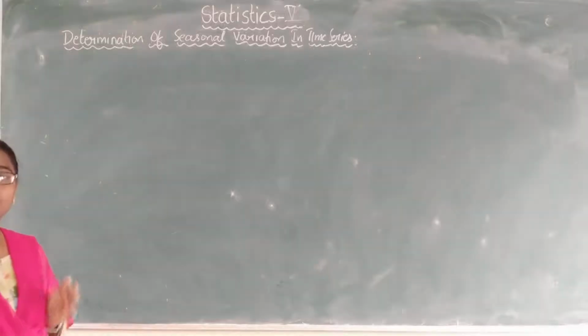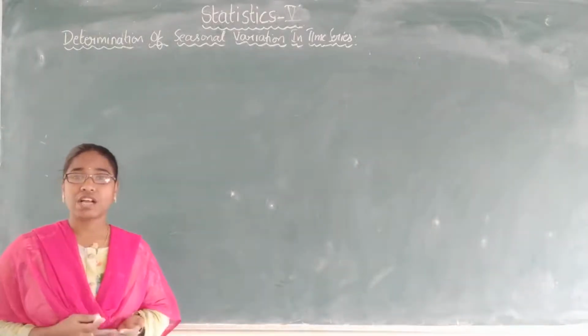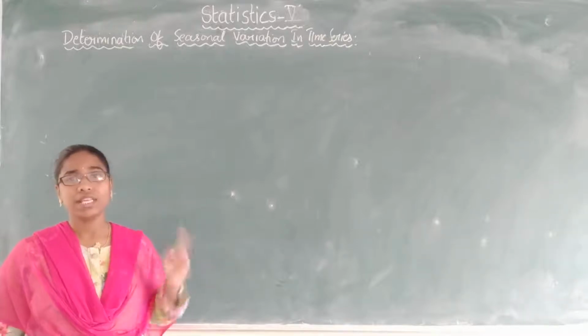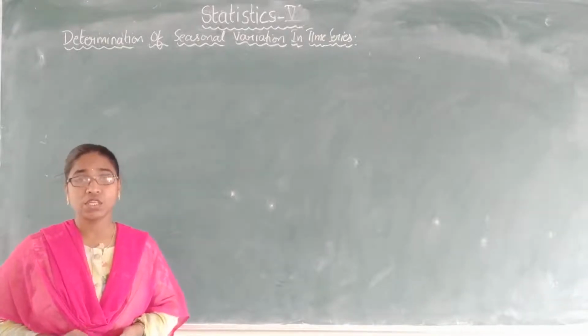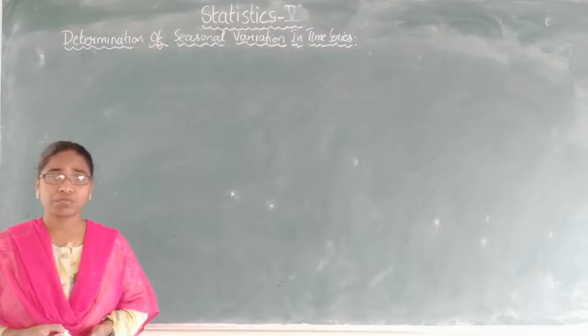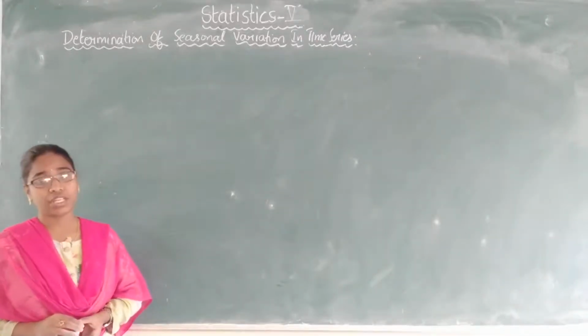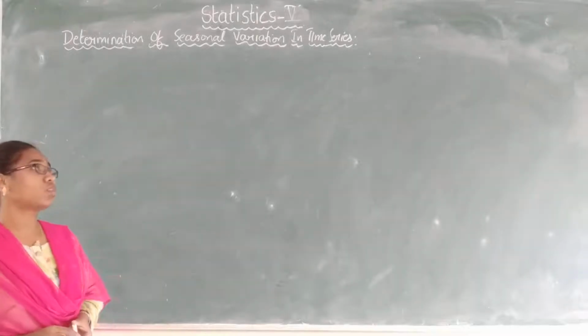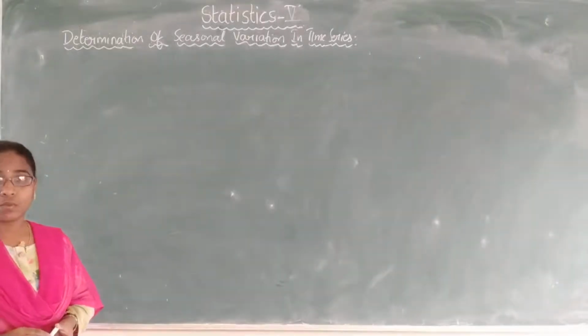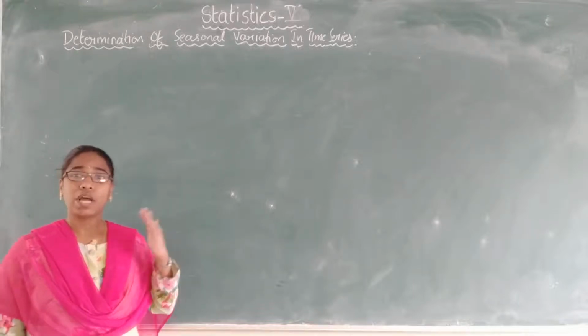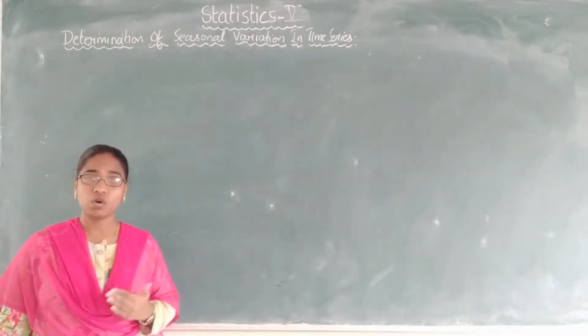Seasonal variations are those which occur periodically or regularly. These seasonal variations may be because of man-made conventions or natural causes also. They measure the variations within a year of time.